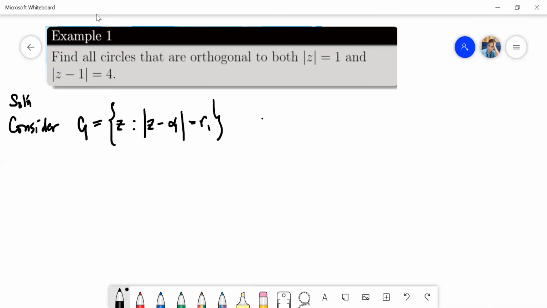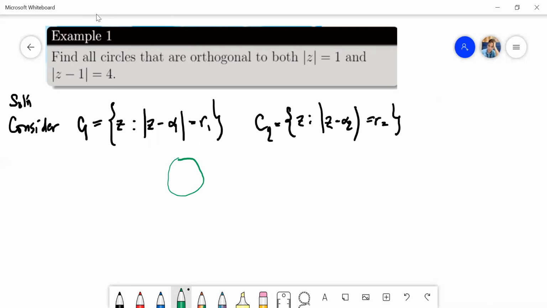We also have to consider another circle here that is z such that modulo of z minus alpha 2 equals R2. So if we are going to view some illustration with relationship to this C1 and C2, assuming I have a very perfect drawing.